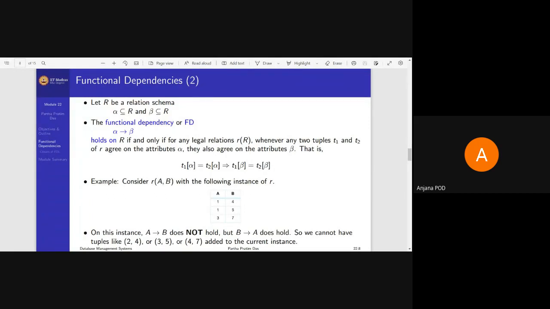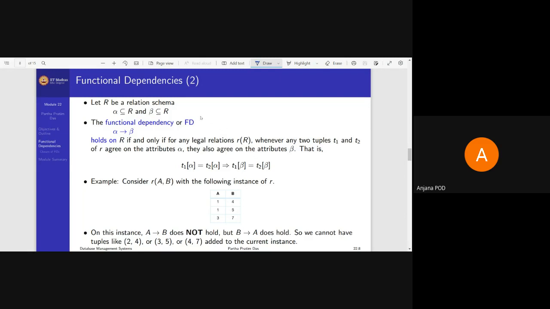Functional dependency, in simple words, requires the value for a set of attributes to determine uniquely the value of another set of attributes. It could be a set of attributes or an individual attribute.